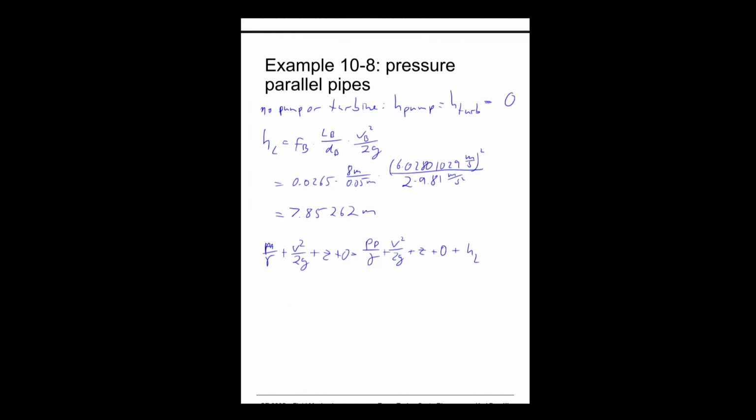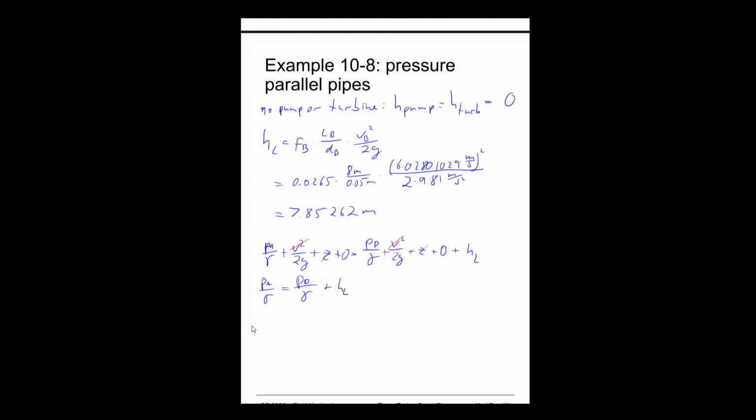We can see that the Z's cancel and the V's cancel. So we're left with PA over gamma is equal to PD over gamma plus HL.